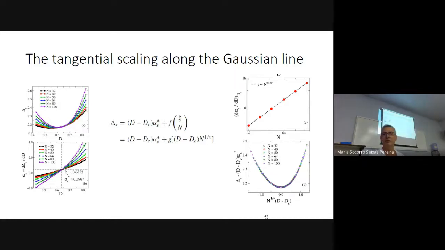So when we plot it in this scaling form, data from different chain sizes will collapse onto a single universal form. So this is the proper form to do this scaling analysis of the Gaussian critical point. We have to take care of this linear non-singular contribution before doing the scaling analysis and the data collapse.